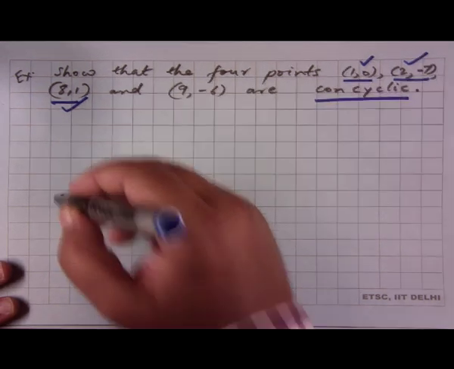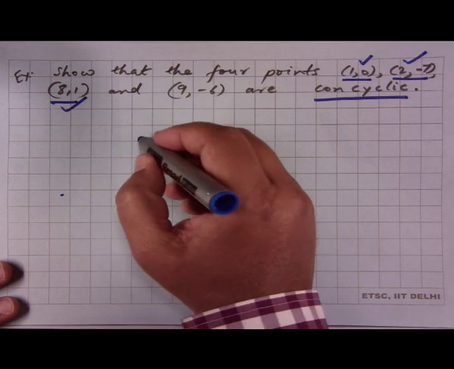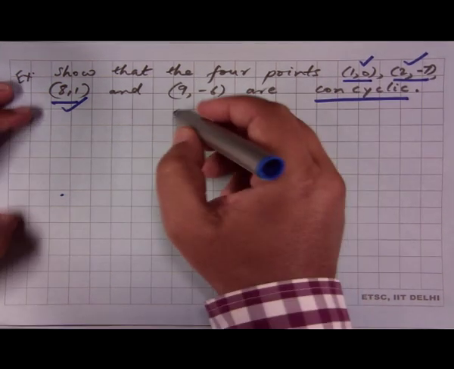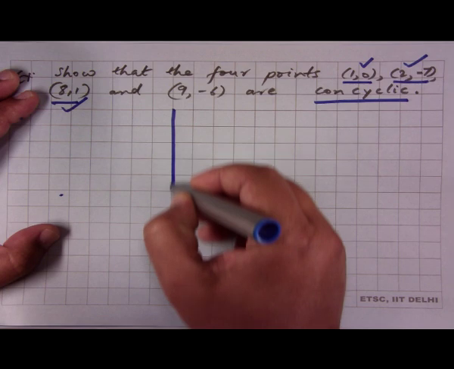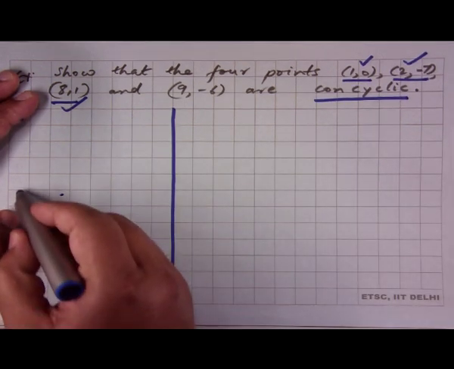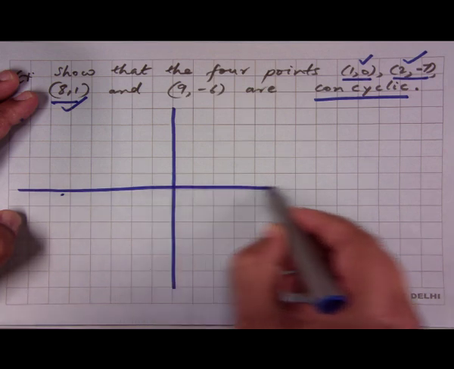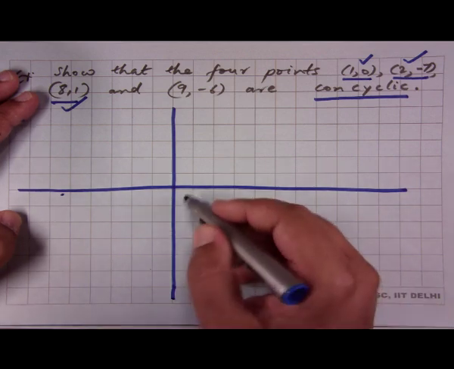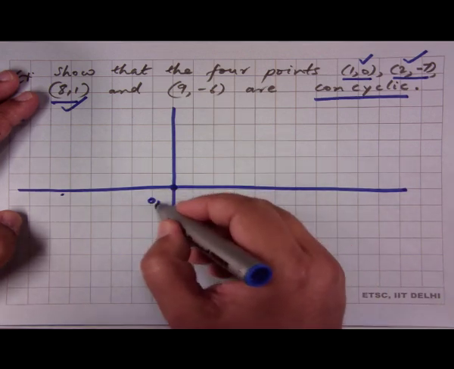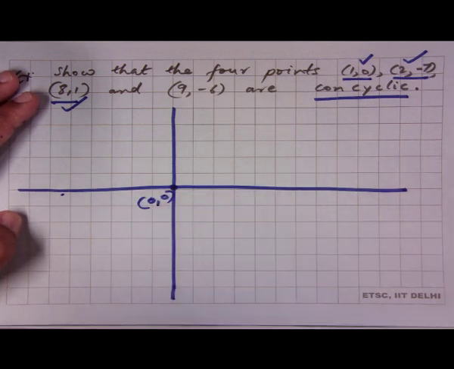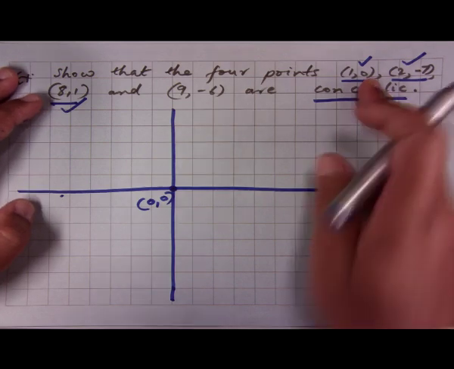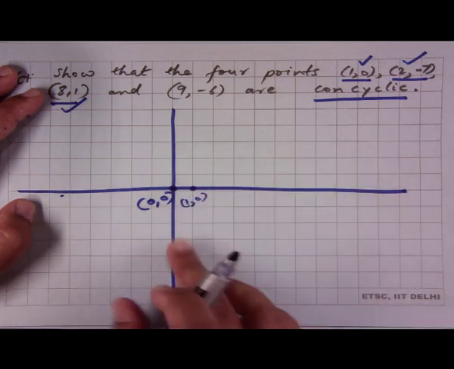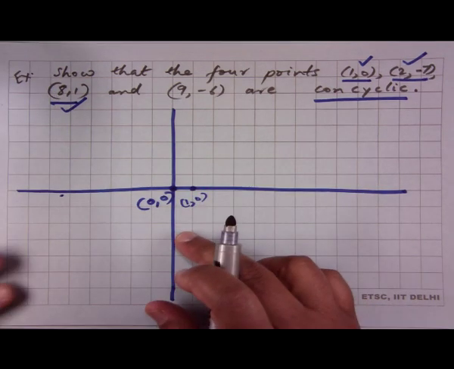So, if we were to draw the coordinate axis with the origin here, the point (1, 0) is over here, let us say. Let us say each square here is of unit length.